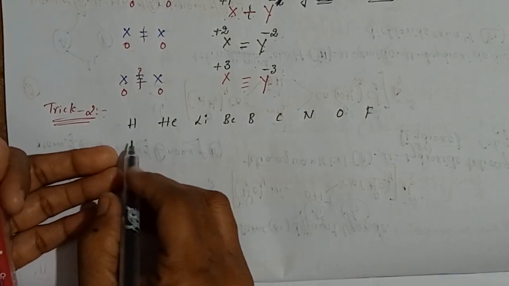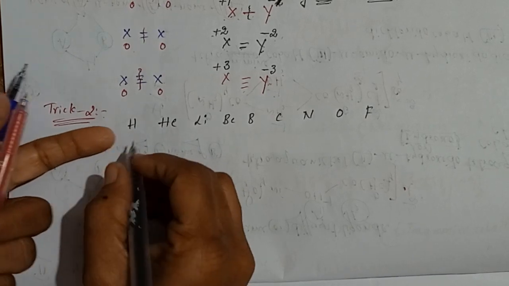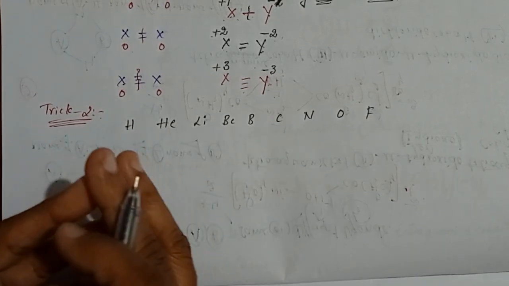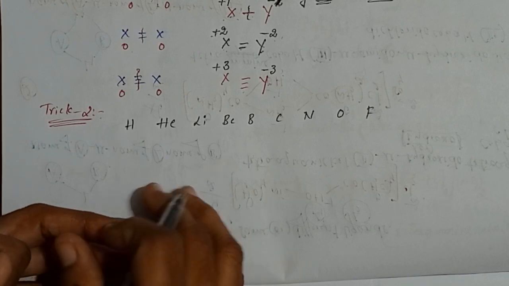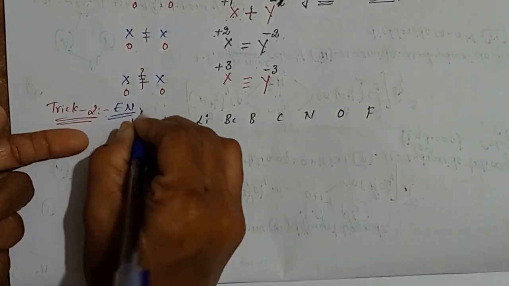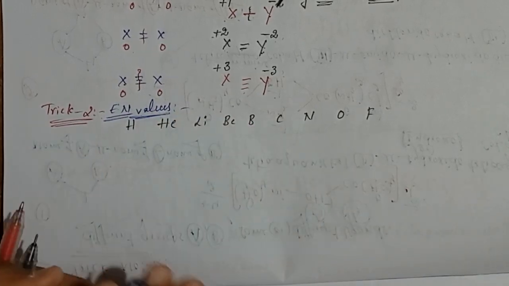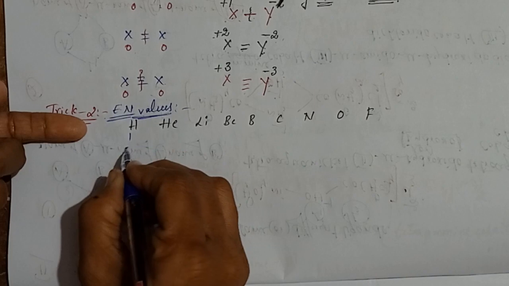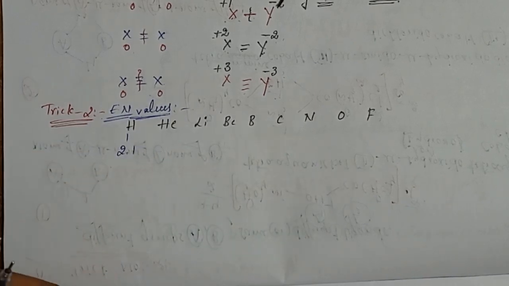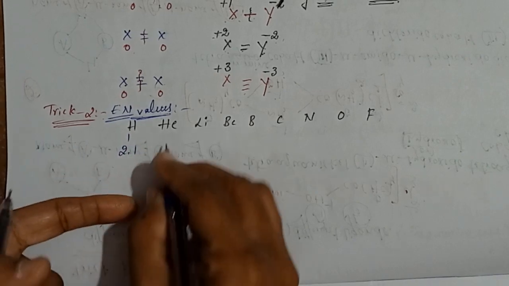See here, we are discussing the electronegativity values, students. Hydrogen: how much? Hydrogen's electronegativity value is 2.1.